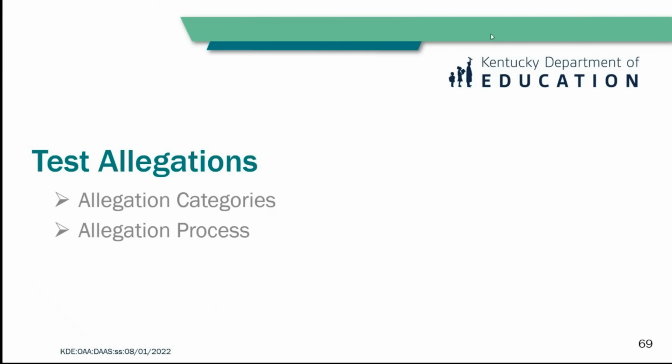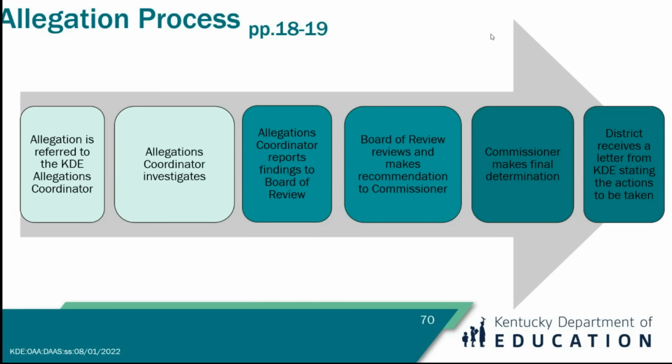As much as we try to have a perfect administration, testing allegations can occur. Allegations are investigated by KDE staff. The investigations require documentation of the incident to be submitted and can include school visits and interviews with those involved. Anyone may report allegations by notifying school, district staff, or directly to KDE.